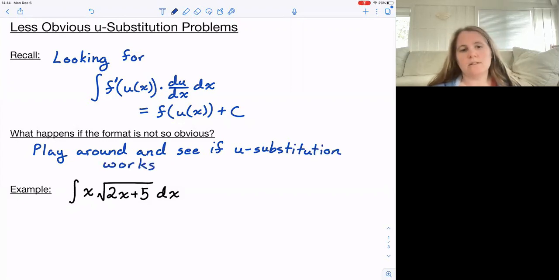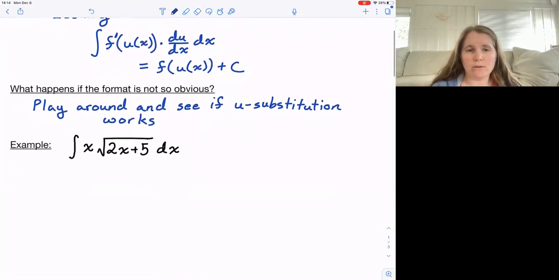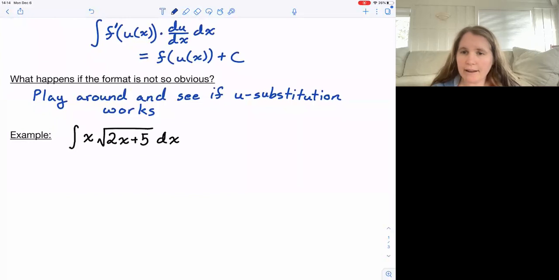So if we consider, for example, the integral of x times the square root of 2x plus 5 dx, usually we would take our u to be 2x plus 5, and that x that's out front is certainly not part of du, right?